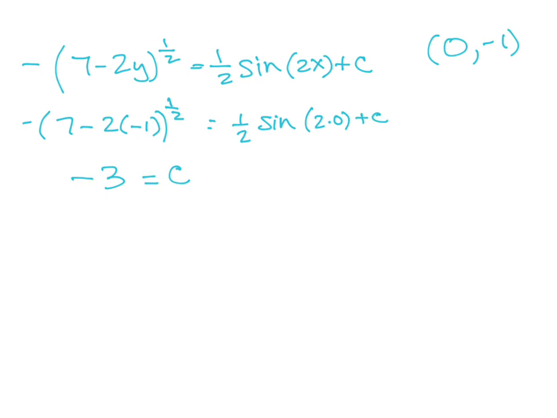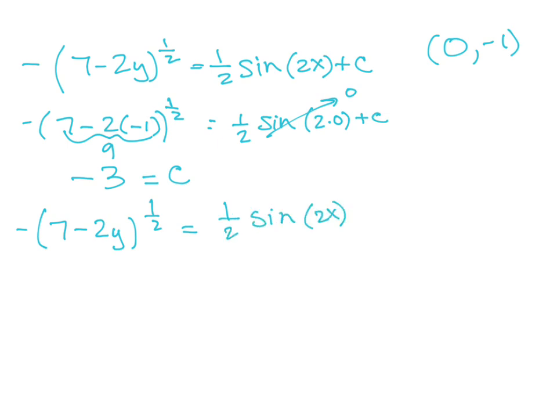You want to walk back through that? You good? I got this to be 0. Got this to be 9. Okay. So we got negative, open parentheses, 7 minus 2y to the 1/2 power equals 1/2 sine of 2x, close parentheses, minus 3.